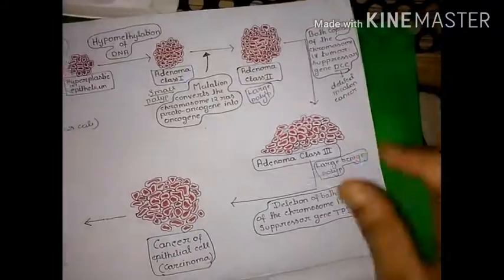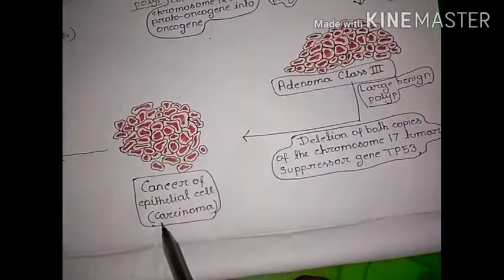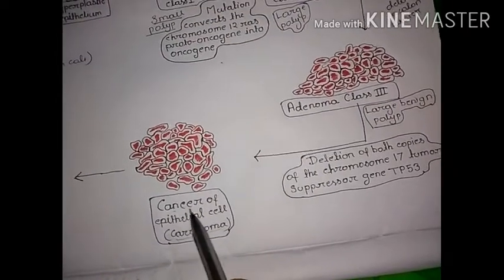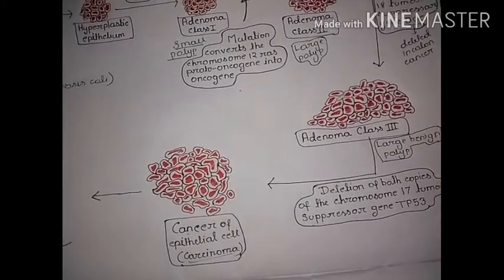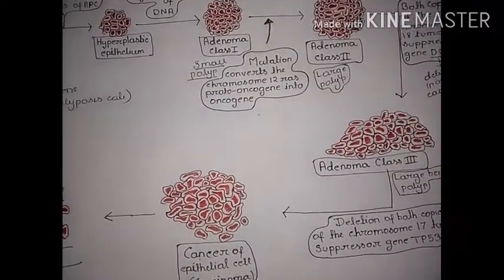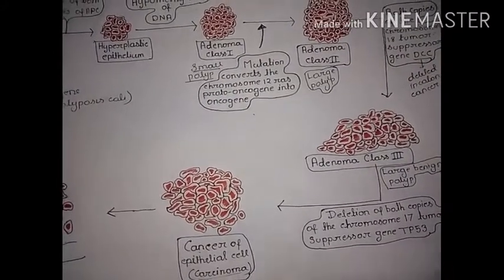Now adenoma class 3 is transformed into a carcinoma. Carcinoma is a cancer of epithelial cells. There are different types of cancer we will discuss later, like sarcoma and carcinoma.